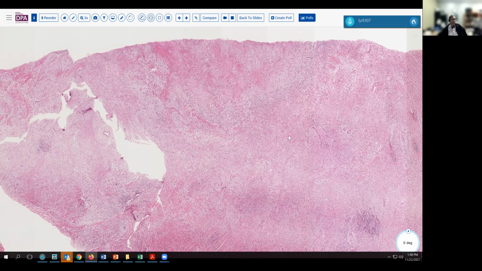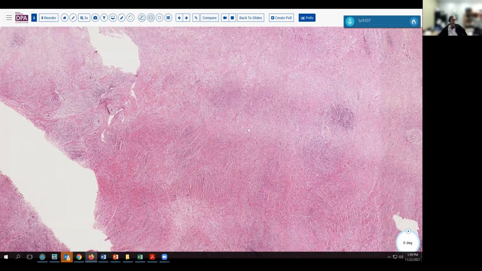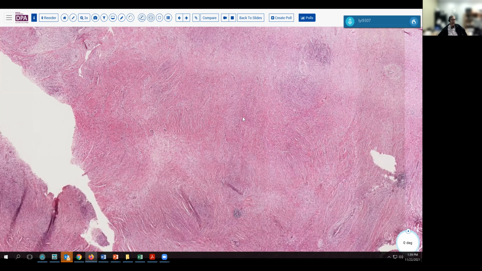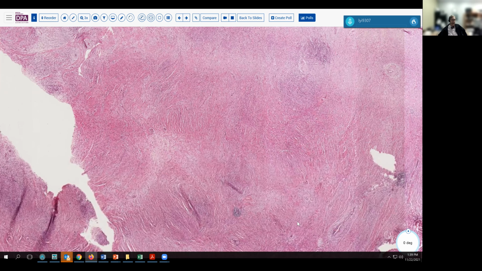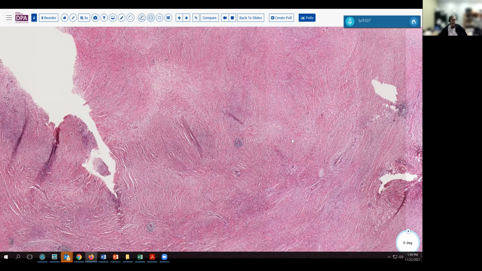Again, the differential for this is a number of other low-grade spindle cell tumors, but particularly this is an example of a low-grade fibromyxoid sarcoma. Now, I want to emphasize that this is a low-grade tumor. As you can see, it's not a pleomorphic tumor.